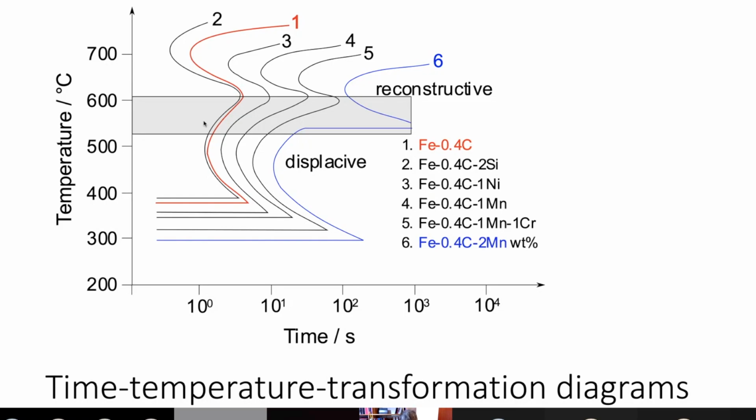And therefore, you can control its properties over a very, very large scale. Whatever property it is, you can control it by manipulating the phase transformations. I'm only going to show you some of the phase transformations.